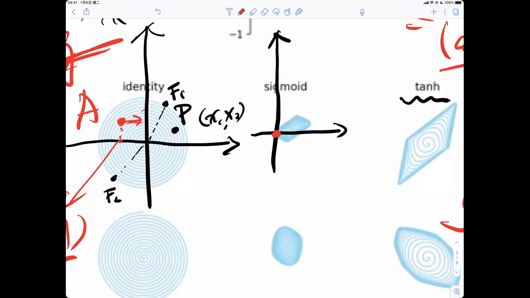Originally, F2 is very far away from the 0 point, and they are negative numbers. But after passing through the sigmoid function, they will both be squeezed to 0, 0. That is because we apply the sigmoid function.